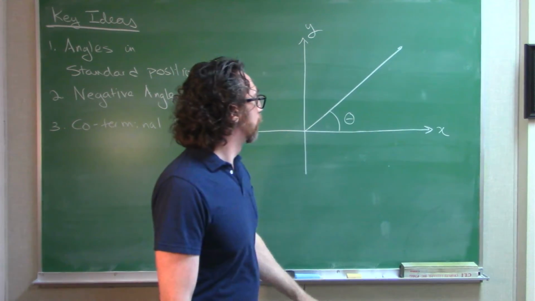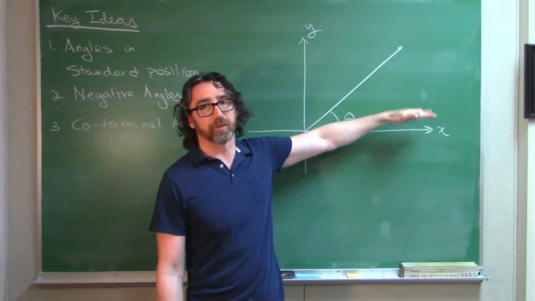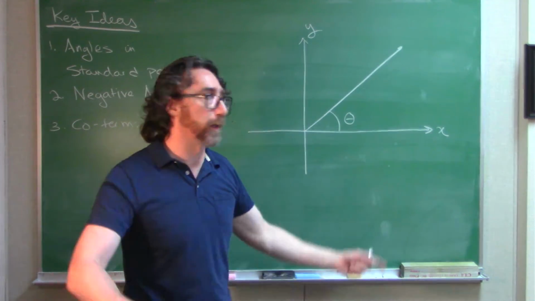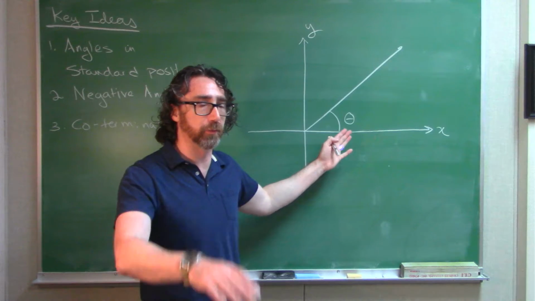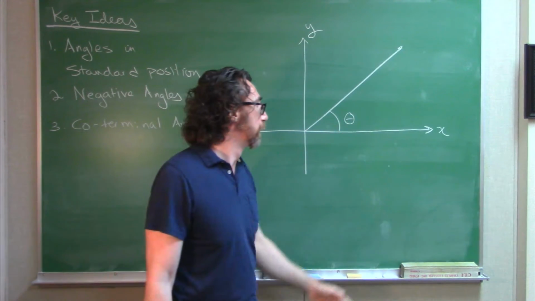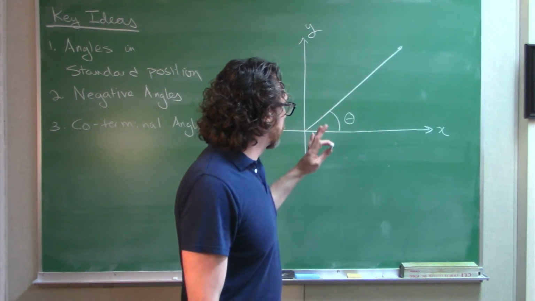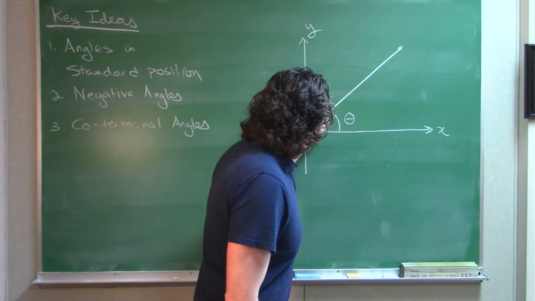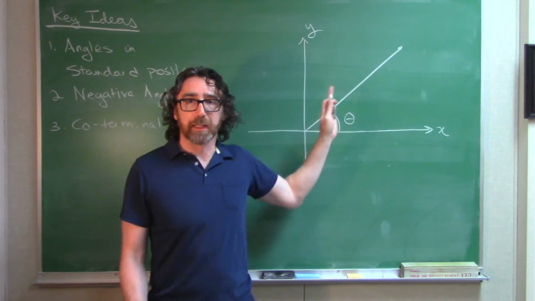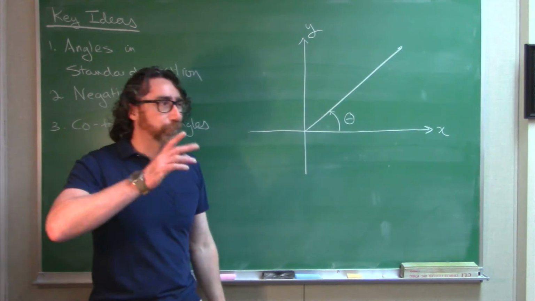Okay. So if we take that positive x-axis and rotate in the counterclockwise direction through angle theta, whatever theta is, if theta is 20 degrees, well, that's 20 degrees in standard position. Okay, so that's our idea of an angle in standard position. In fact, let me make a little arrow here to indicate that we have rotated in that direction.